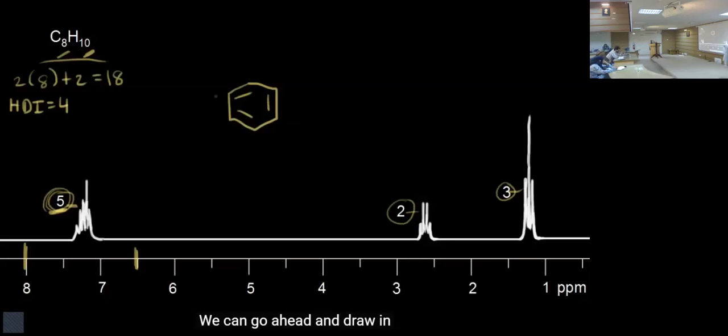Now if you look at the intensity, this is 1, and the doublet has 1 and 1. So singlet, and doublet means equal intensity, right?